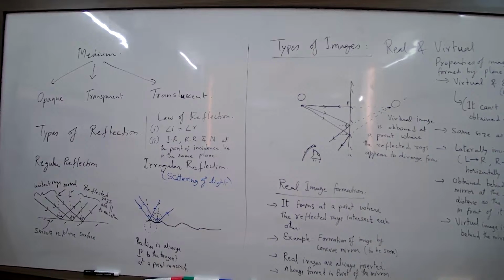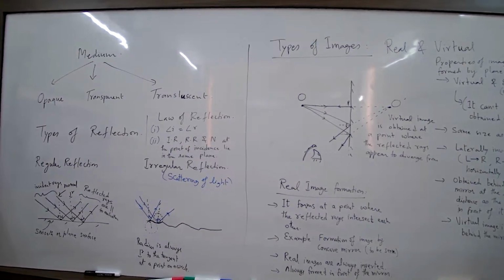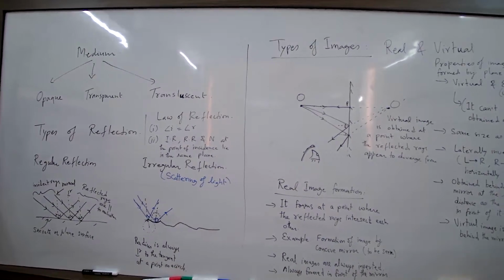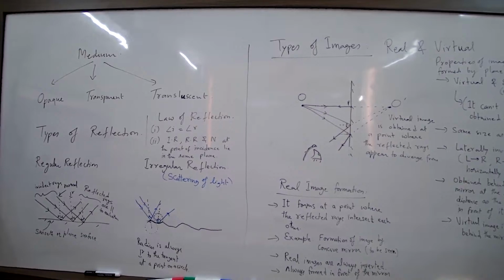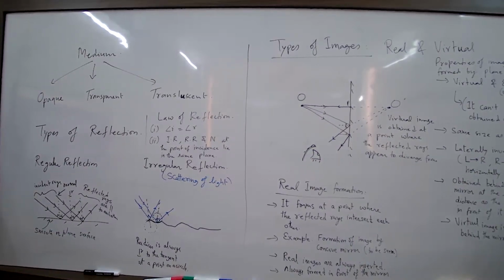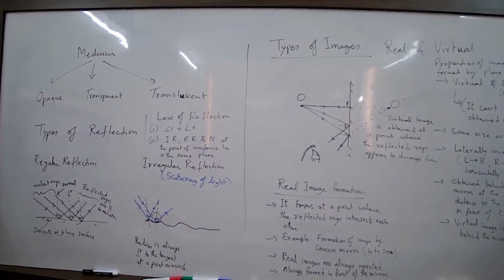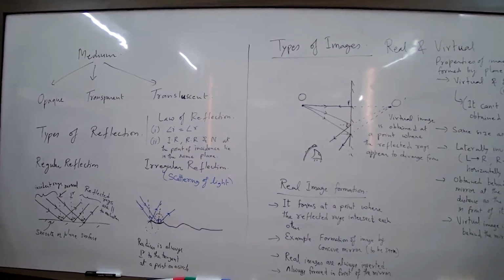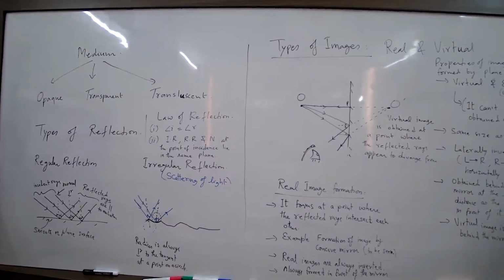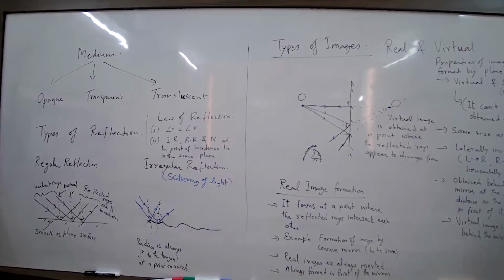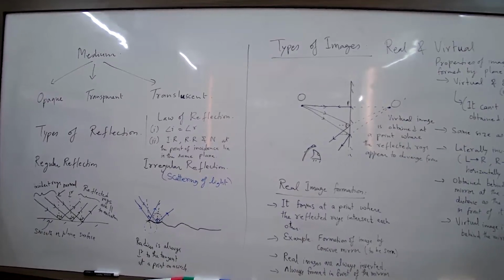For example, if you are using a microscope, you are seeing a very small object, so there you would need to magnify. But in a telescope, you see the heavenly bodies, and you actually see a smaller image. You don't see the moon as its actual size; you see it in a compressed way.